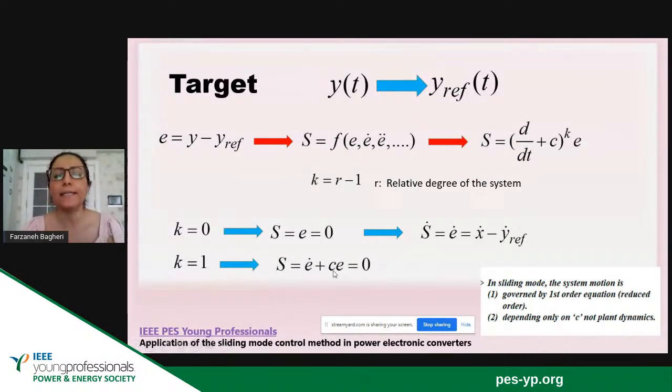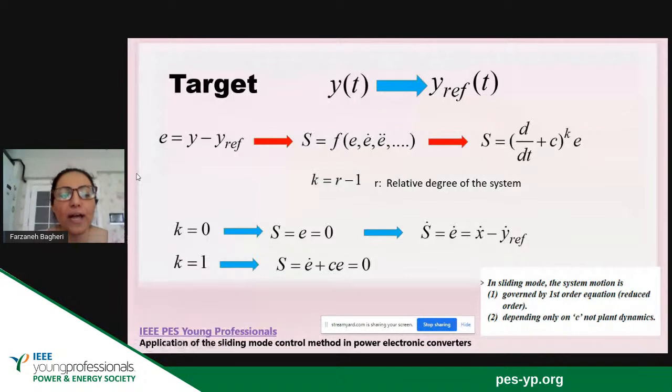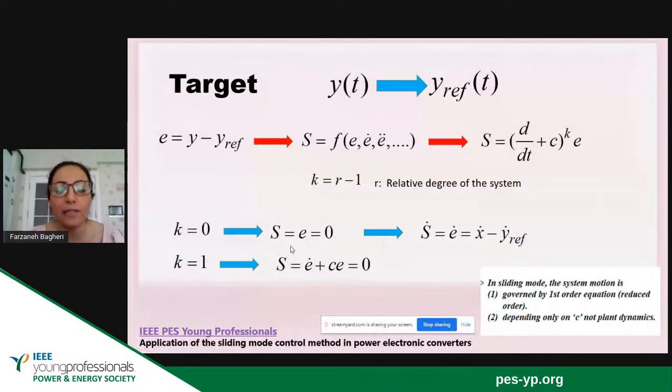The target in the sliding mode control is to make the sliding function equal to 0. So we have changed our mathematical equations into one function, which I call the sliding function or the sliding manifold, that is equal to e dot plus c e equal to 0.